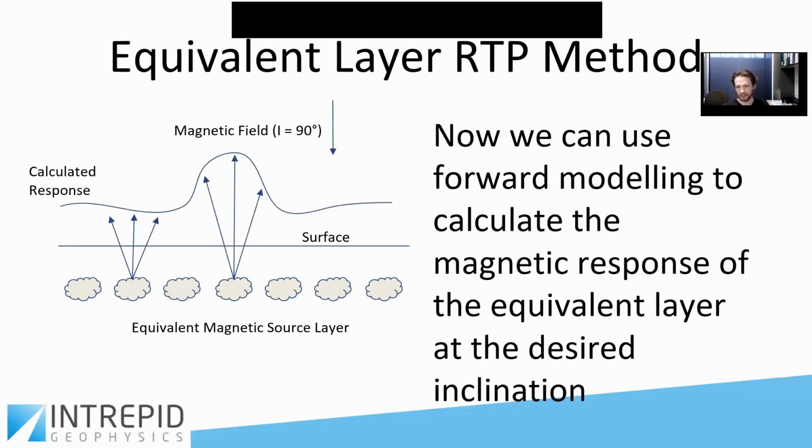If we now do our forward model with the inclination at 90 degrees, we should be able to get our RTP grid, because we've created a model that will produce the inclined grid. We'll be able to produce this vertical magnetic field grid as well.